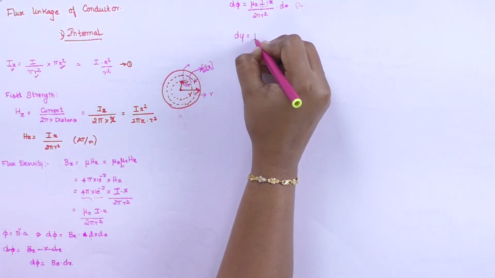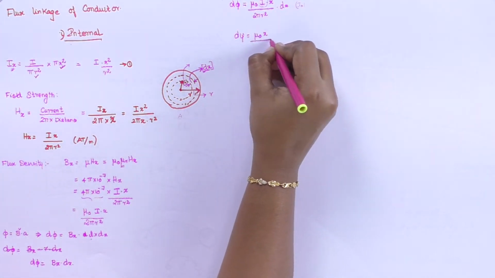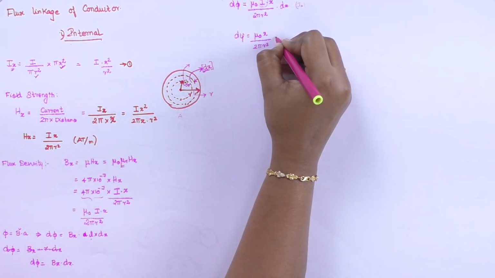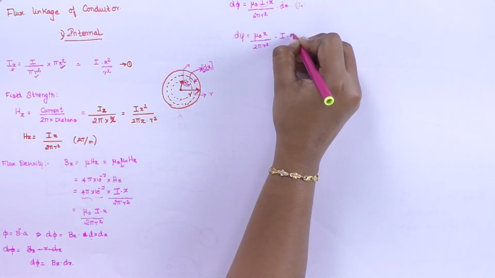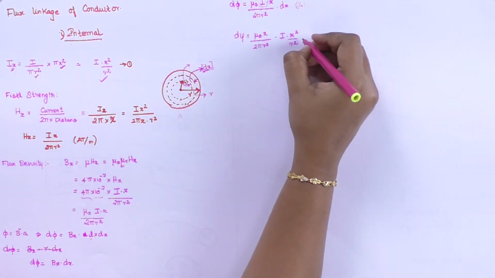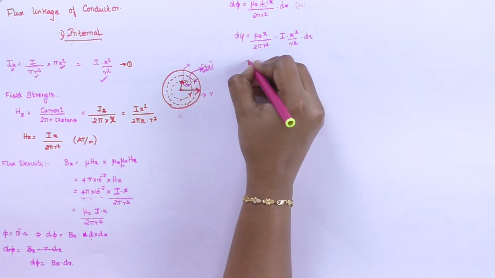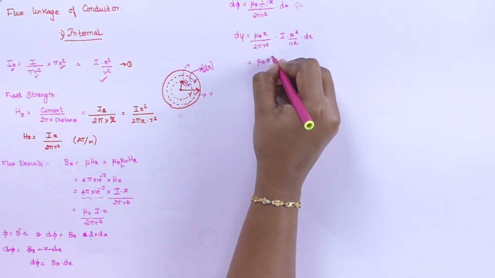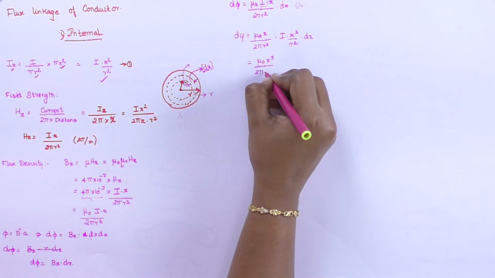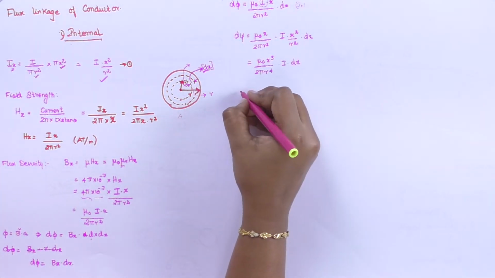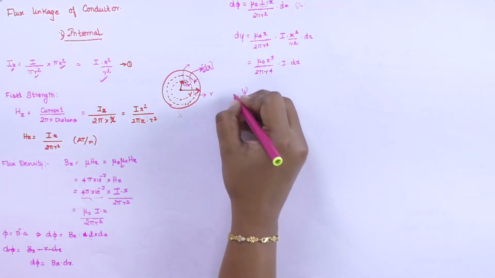The equation will be mu naught x divided by 2 pi r square into Ix, where Ix is I into x square divided by r square, into dx. So d psi is equal to mu naught x cube divided by 2 pi r power 4 into I into dx. What we have to find is the flux linkage, that is psi.